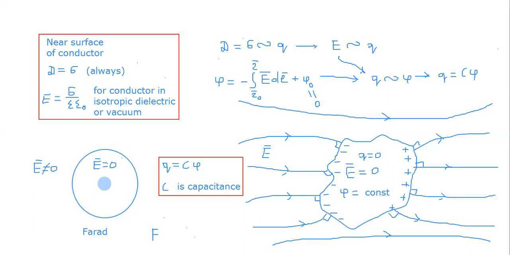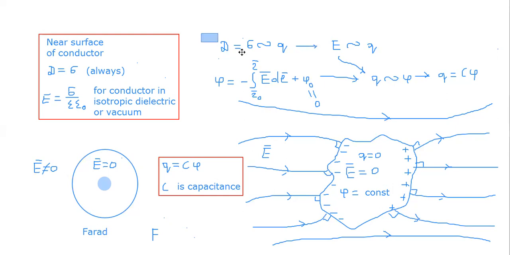And as I have said, charges near the surface of a conductor will lead to electric induction, and so a redistribution of electric charges on its surface.